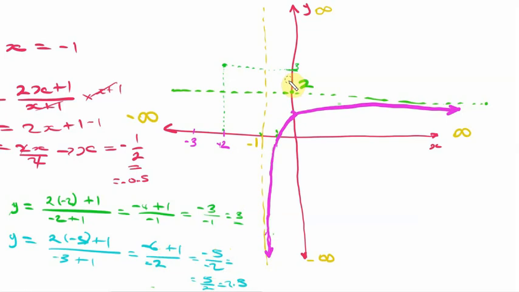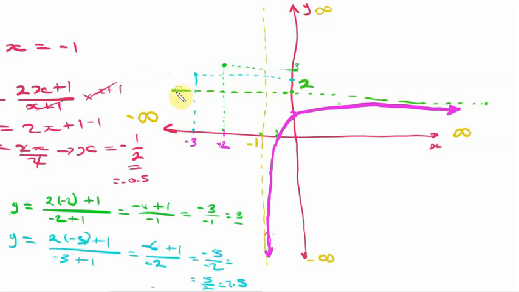2.5 is in between 3 and 2. So somewhere there. This is telling us the graph is going in that direction. Cool.